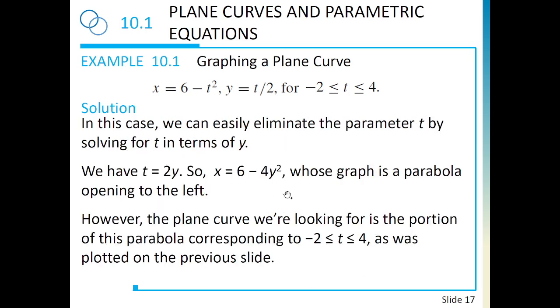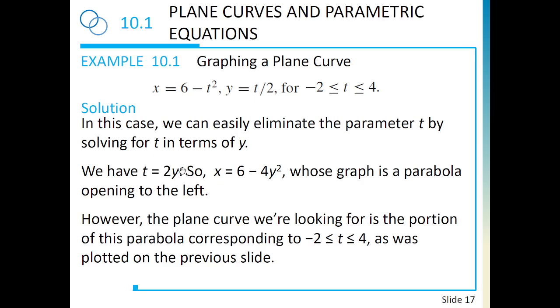Now what's special about it is that it is something that we are able to recognize a little bit. Now this is a parabola and it's defined for all values of y, obviously. Now in our case, t is the one telling us that t goes from -2 to 4, so y cannot just be any value, it needs to respect some constraints, conditions.